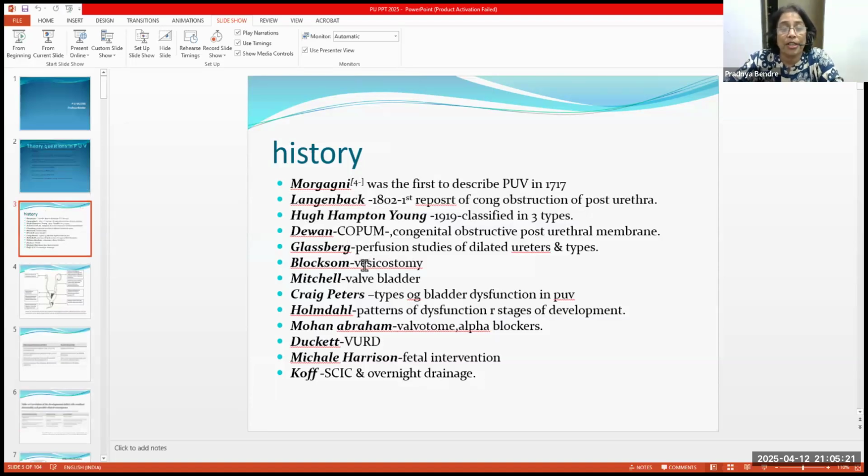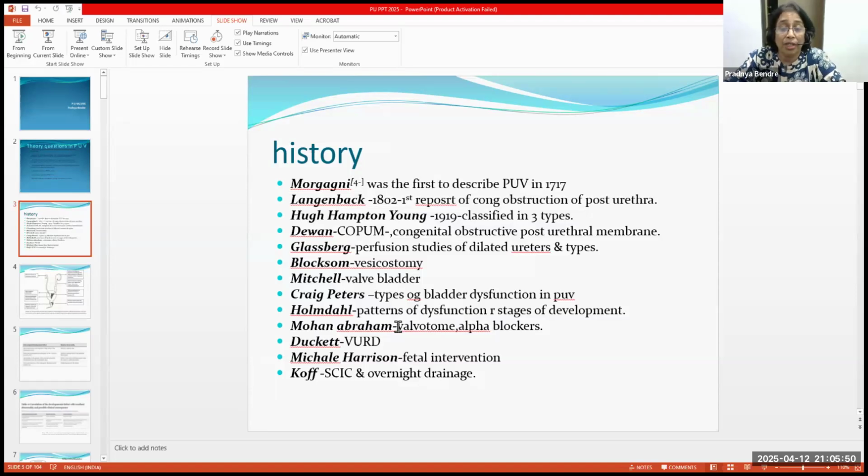Bloxham has contributed in creating vesicostomy. Mitchell is the one who described the gallbladder. Peter is the one who told the natural history, which evolves into the gallbladder. And we cannot forget the Indian contribution by Dr. Mohan Abraham. He has described the valvotome and the role of alpha blockers. The valvotome has been a good remedy for India, especially for the people who are working in the periphery.